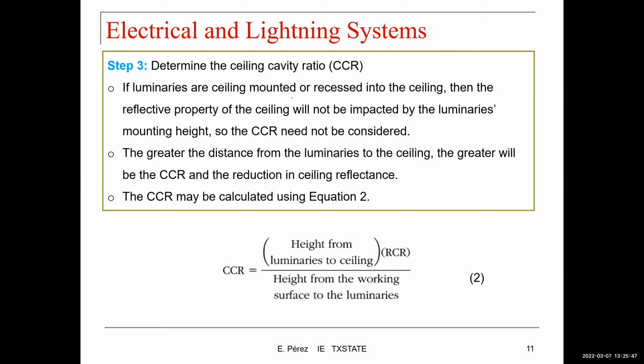The greater the distance from the luminaire to the ceiling, the greater the CCR and the reduction in ceiling reflectance. So if that's the case, then we have to compute this ceiling cavity ratio.